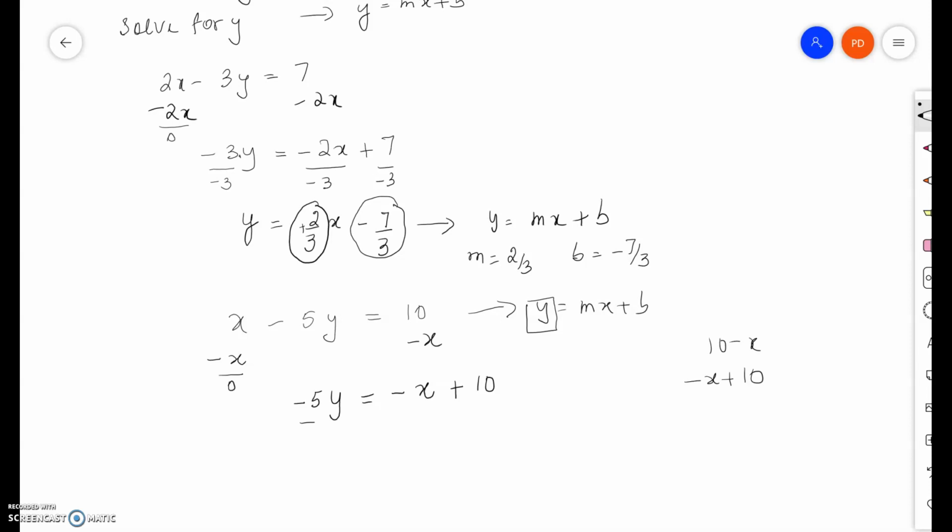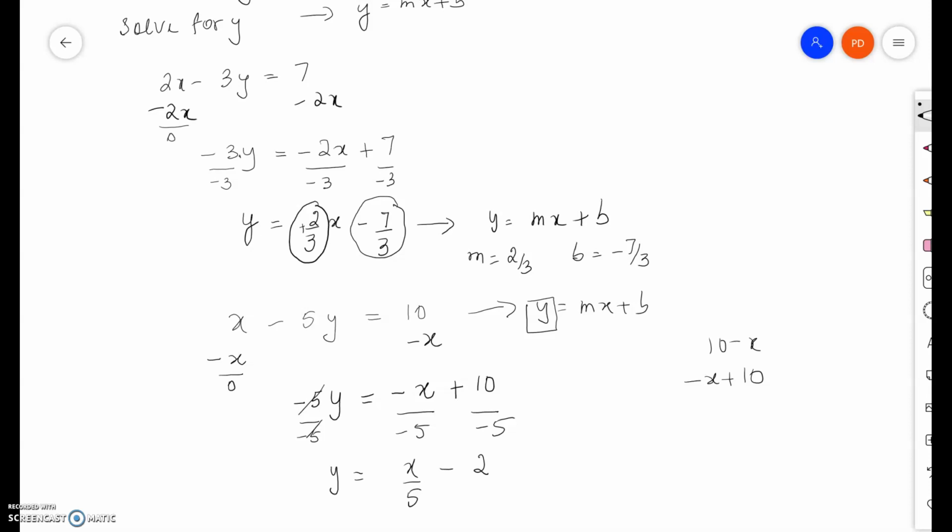So now we need to get rid of the negative 5, so we divide both sides by negative 5. Whatever is done to one side of the equation, we do the exact same thing to the other side. So that gets rid of the negative 5, and we get y equals, the negatives cancel, x over 5 minus 5 times 2 is 10.